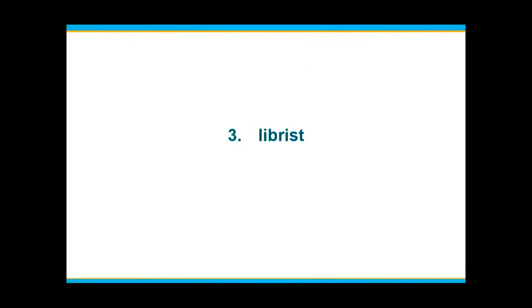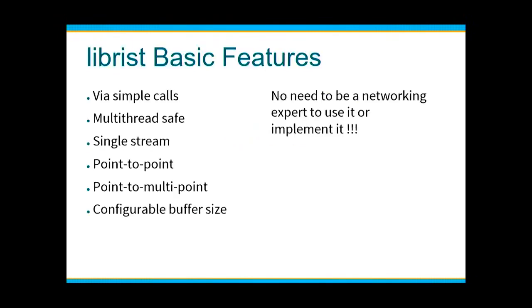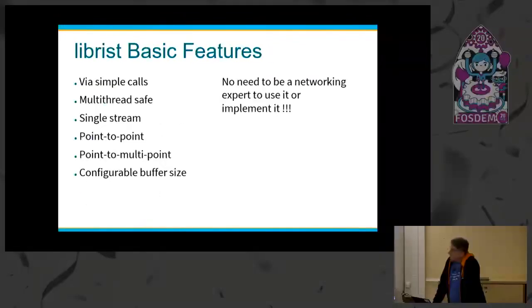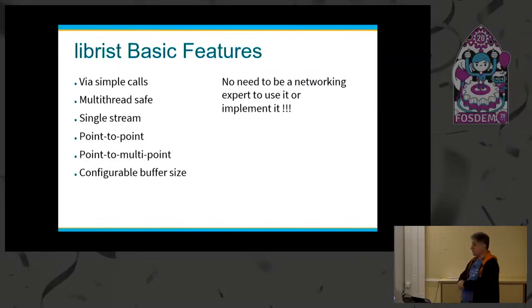All right, so let's talk about librist now. Basic features. It's a library, simple APIs, multi-thread safe. It has sample applications with it. The sample applications are just for a single stream, but the library supports any number of them. The library supports point-to-point, point-to-multipoint.